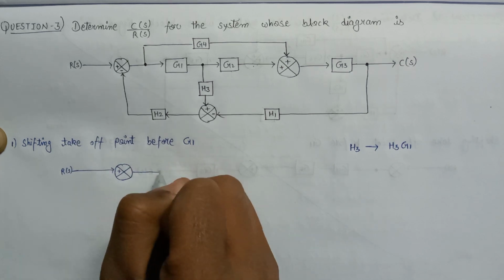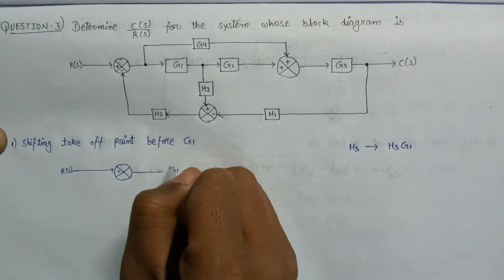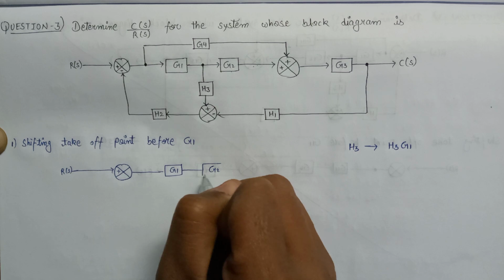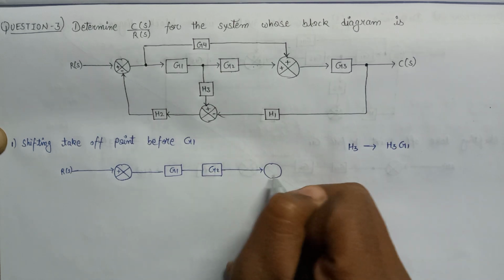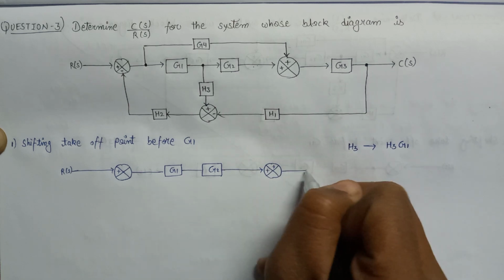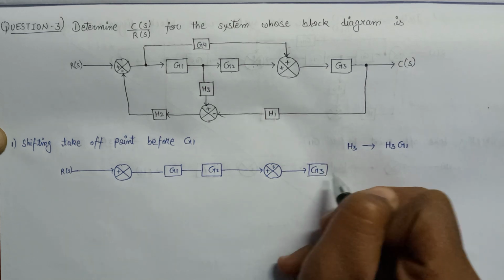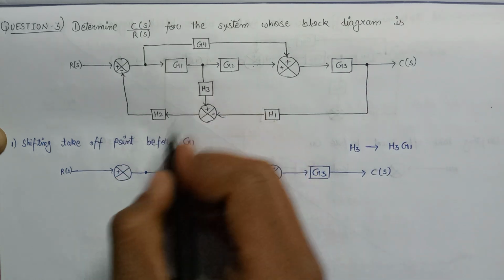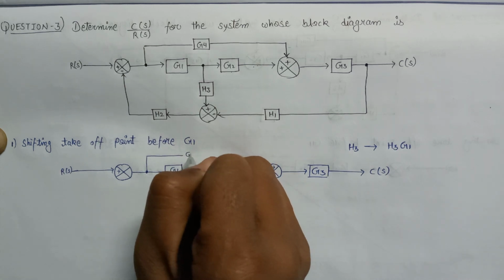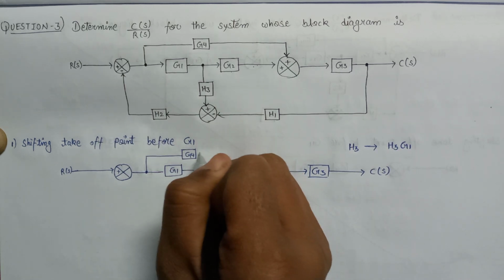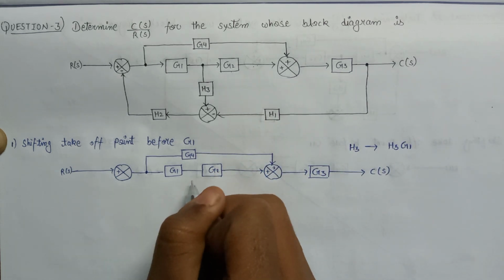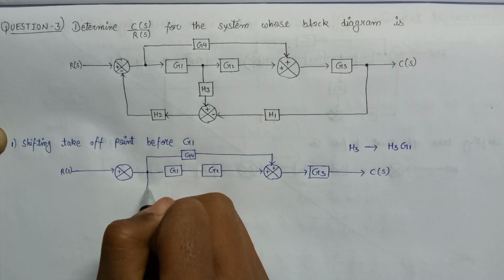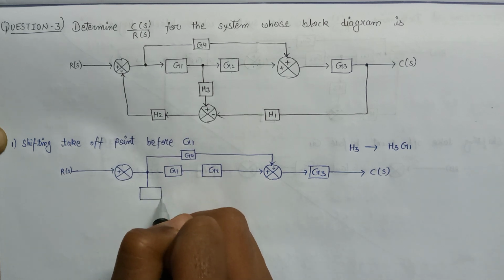This is positive polarity, and here is the G1 block, and the G1 block is directly connected with G2, and this is another summer which is connected with G3, and the final output, that is C of S. Here is a takeoff point that is having a block G4 which is connected with this summer, and since we shifted this takeoff point before G1, therefore it will lie here, and here is the block of H3.